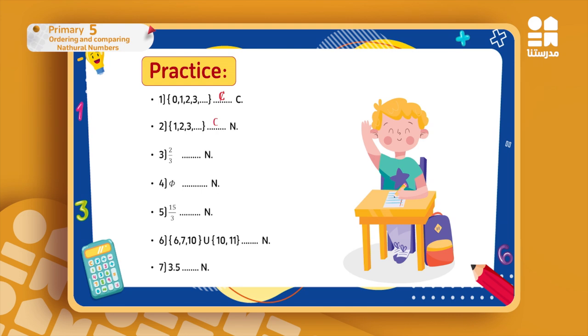Before I decide, I have to simplify my fraction into its simplest form. But here this one is already in its simplest form, so it will remain as it is. And in another question, I'll tell you why we are going to simplify it. Okay? So here, 2 over 3 does not belong to N because, as we said before, it is a fraction. So I cannot take it as a natural number. So this does not belong to.